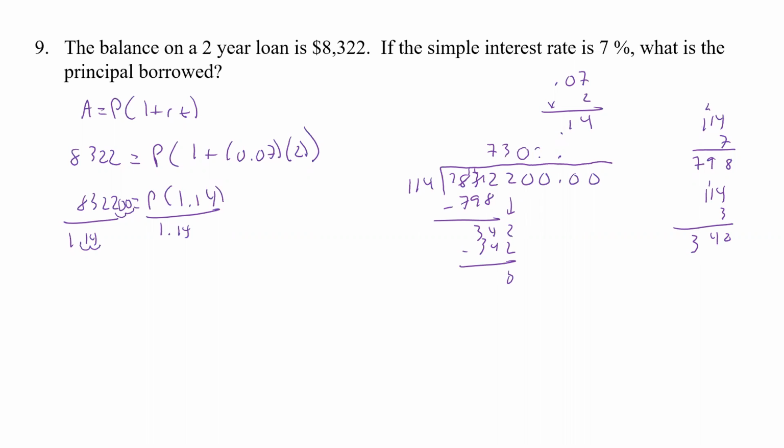And don't forget, fill in the rest of your zeros. And so our principal borrowed was $7,300. Okay, and that's on a 7% interest rate loan for 2 years, having our balance of 8322. All right, that's all I have for this section.